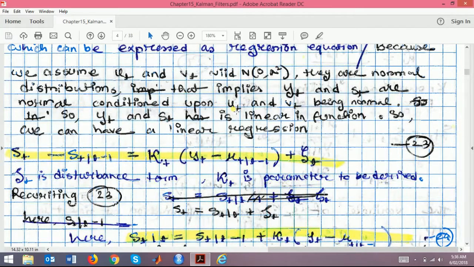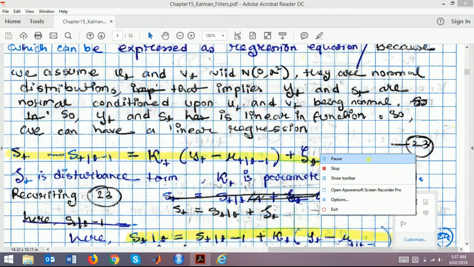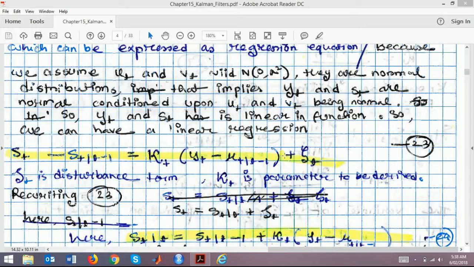Interesting. The linear regression is S1 minus S10 equals kappa (yt minus mu10), and I think there is a delta t at the end. We have kappa, and I'm going to just pause here. So what do we have here?